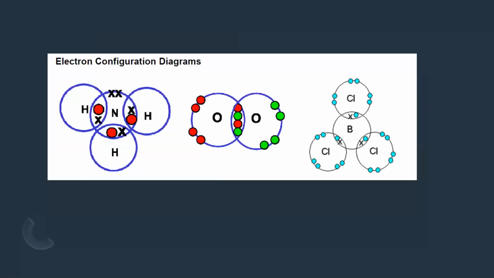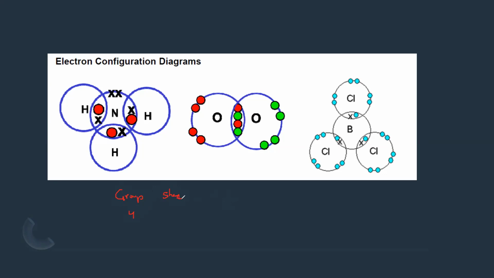Now, when we represent bonding, we can use a dot and cross diagram. We can use a dot and cross diagram to show the bonding for group 4. When an element belongs to group 4, it has 4 electrons in the outermost shell. So how many will it share?